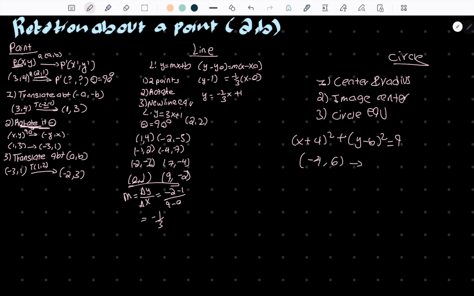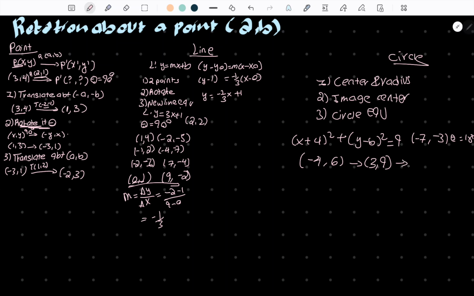And by the way, we're rotating it about the point -7, 3, and also our theta is given as 180. So we need to pull back to the origin. So -4 minus -7 will be -4 plus 7, which will be 3. And then 6 plus 3 will be 9.